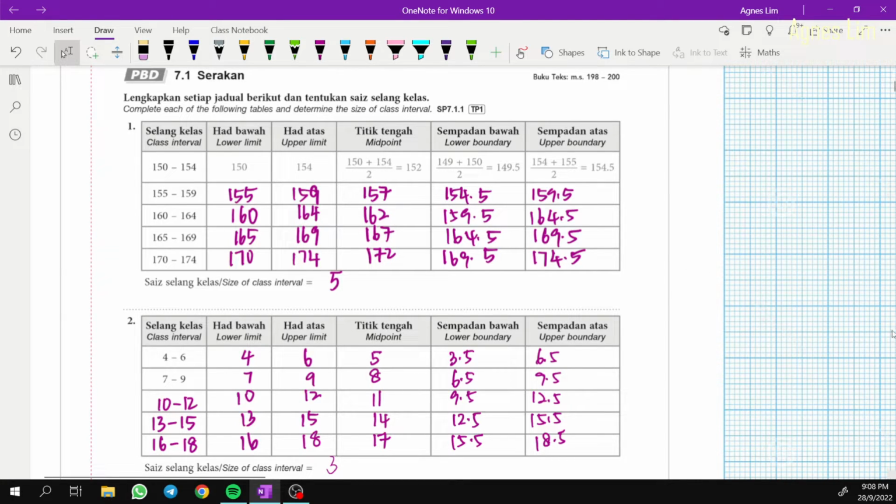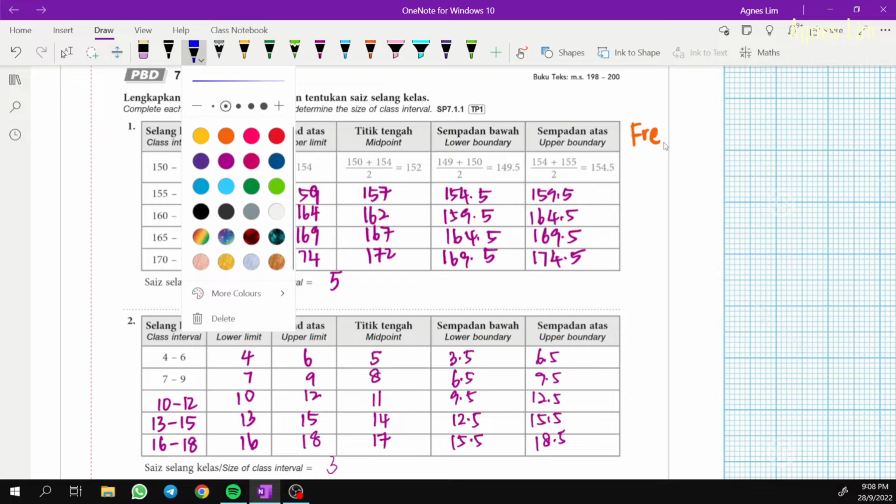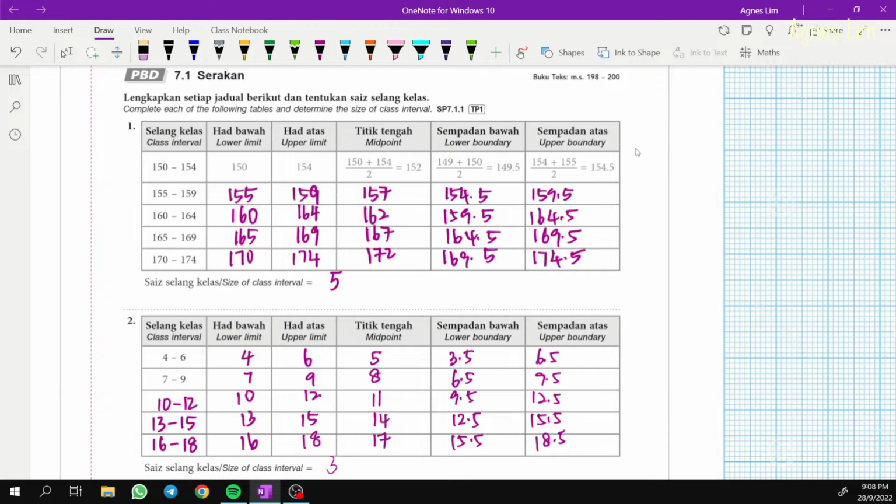We don't have frequency here, so what I'm going to do is I'm going to give you some sort of frequency here, because without frequency we can't do anything. Frequency. So let's put this as 2, 5, maybe 10, and then 8, and then 4.